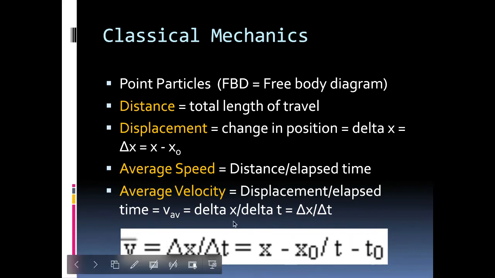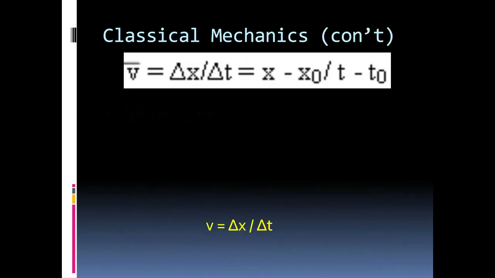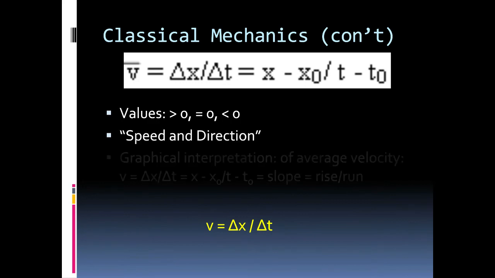All of this here is the way to calculate it mathematically. This expression, change in x over change in t, or displacement over time, if you have a position versus time graph, you can find the slope between any 2 points. And by finding the slope, as you do in your math classes, you can figure out the average velocity graphically, and we will be doing that. So here's some more information about this.